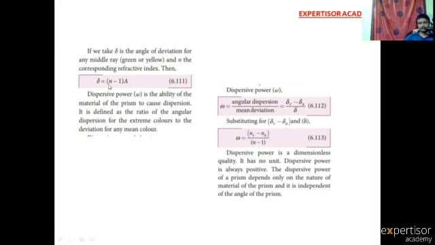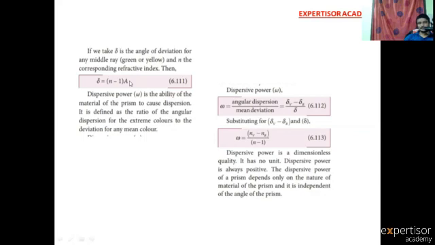From the relation delta equals (n minus 1) into A, delta V is equal to (nv minus 1) into A, and at the same time delta R is equal to (nr minus 1) into A.